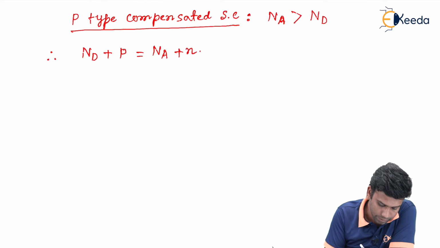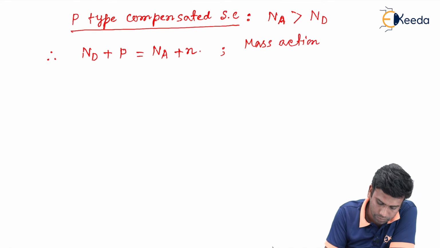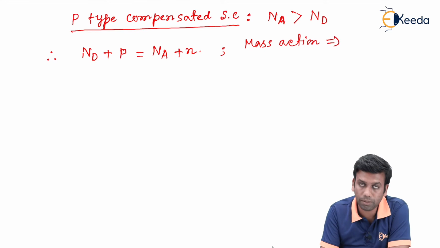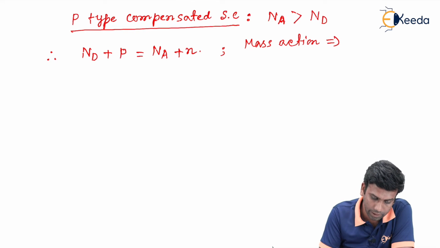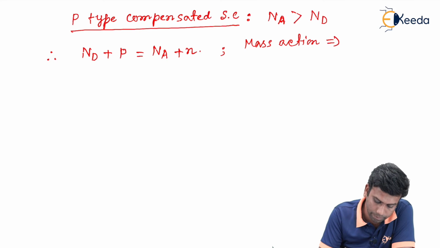But according to the mass action law, we can find the value of this n, that is the minority carrier concentration n, as ni square divided by p.